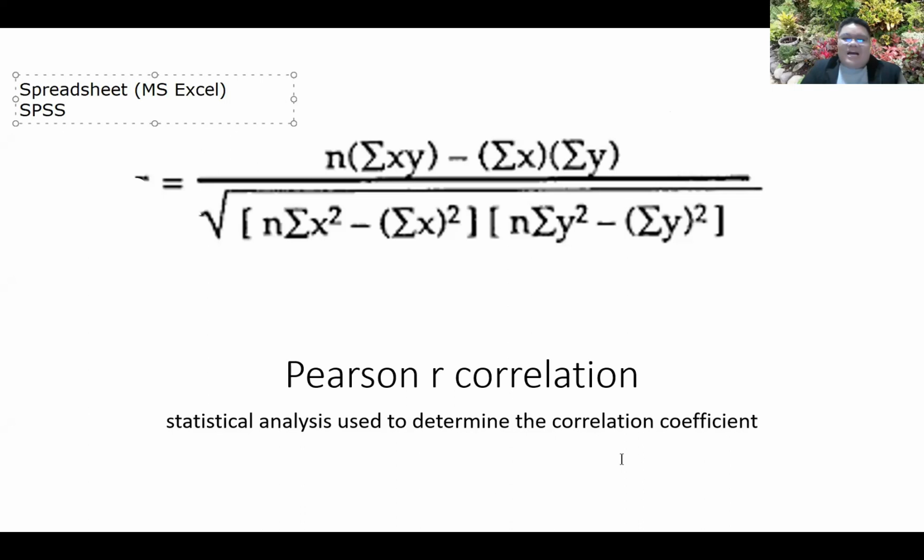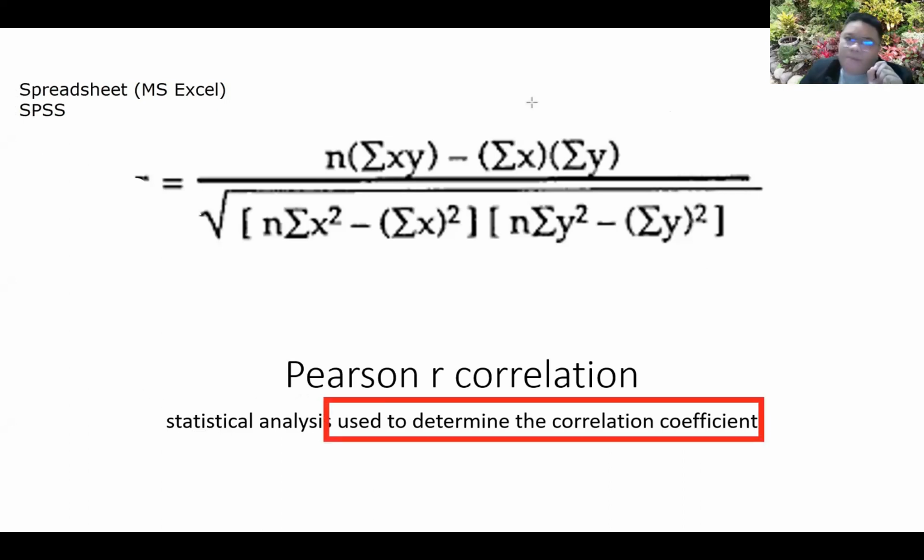Okay? So, what is the Pearson-R correlation? The Pearson-R correlation is used to determine the correlation coefficient. When I say correlation coefficient, just think of it that I am concerned with the relationship.